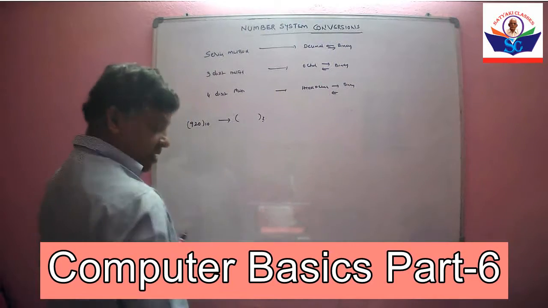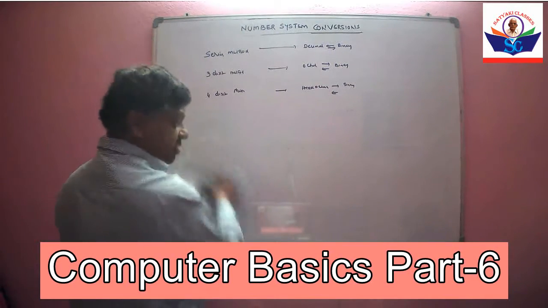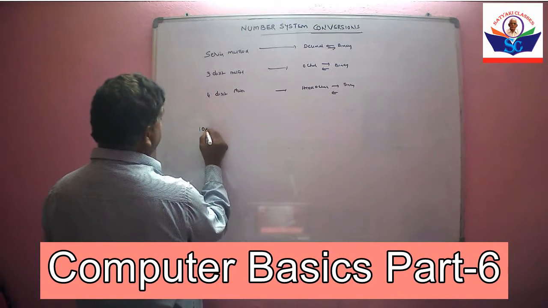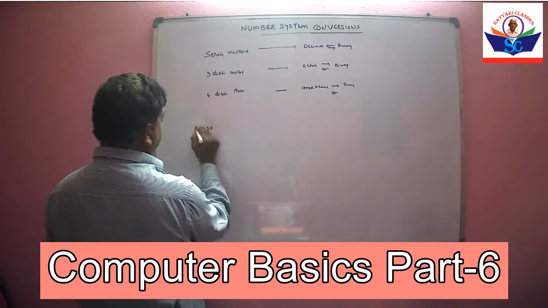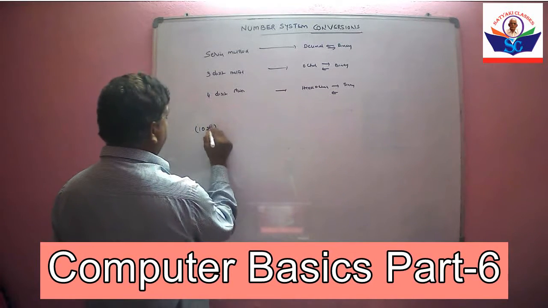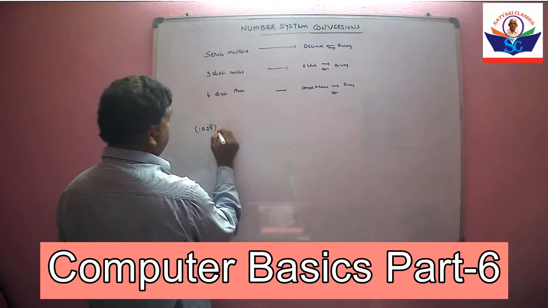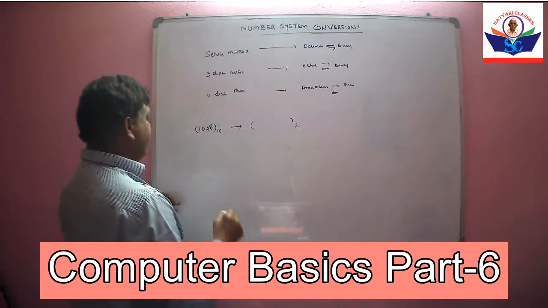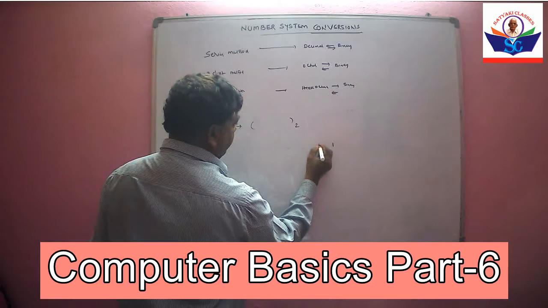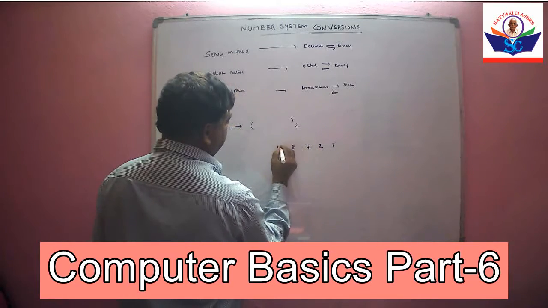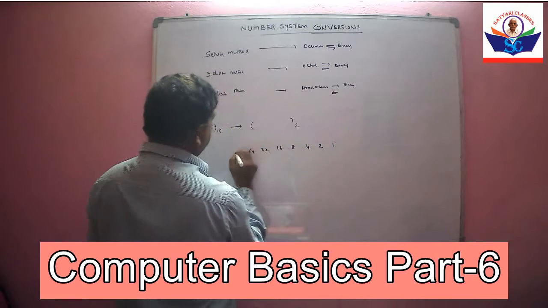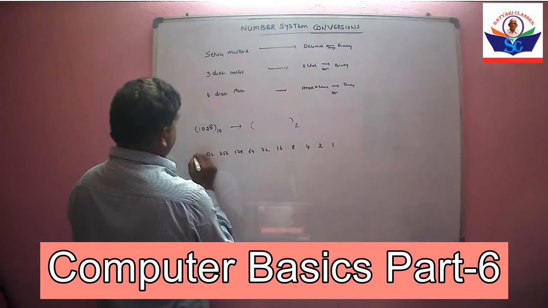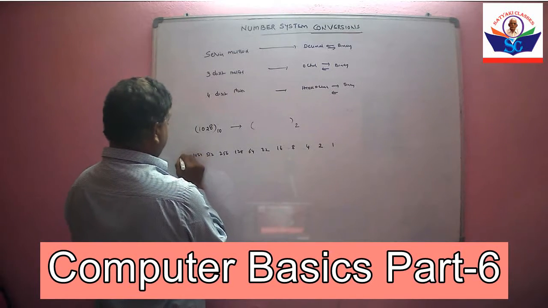Now, we will take another example, a 4-digit decimal number, 1028. We have to find the equivalent binary number. Now 1, 2, 4, 8, 16, 32, 64, 128, 256, 512, 1024, 2048.